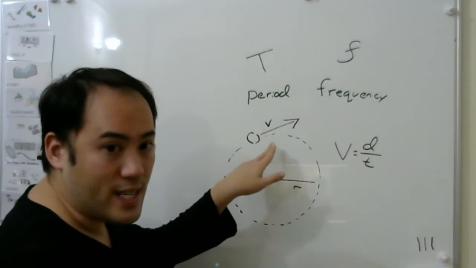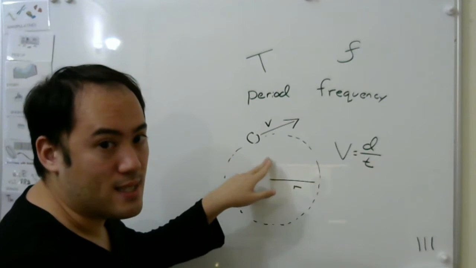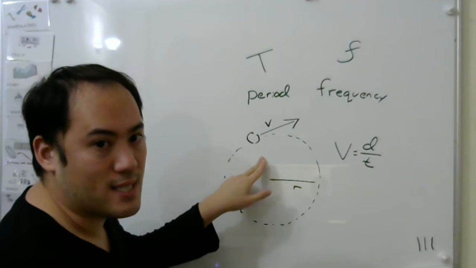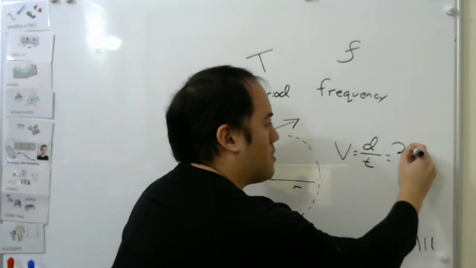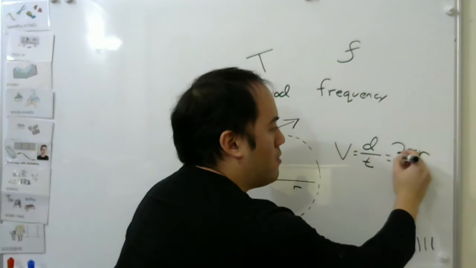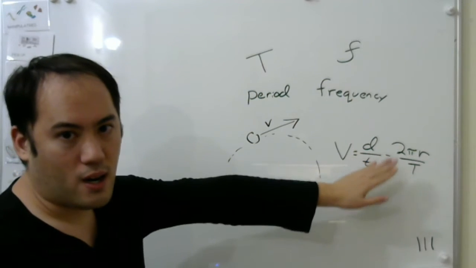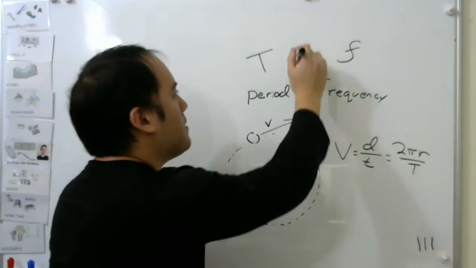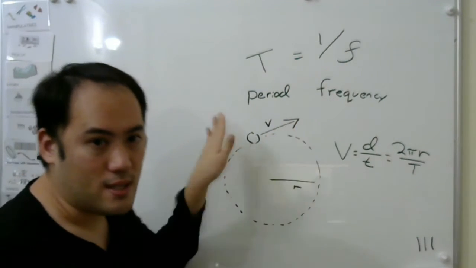The velocity changes direction, so the velocity changes, but the magnitude of velocity doesn't change. And the magnitude of velocity is the same as speed. And that is 2 pi r over T. You could also say it's 2 pi r f, because period is 1 over frequency, and frequency is 1 over period.